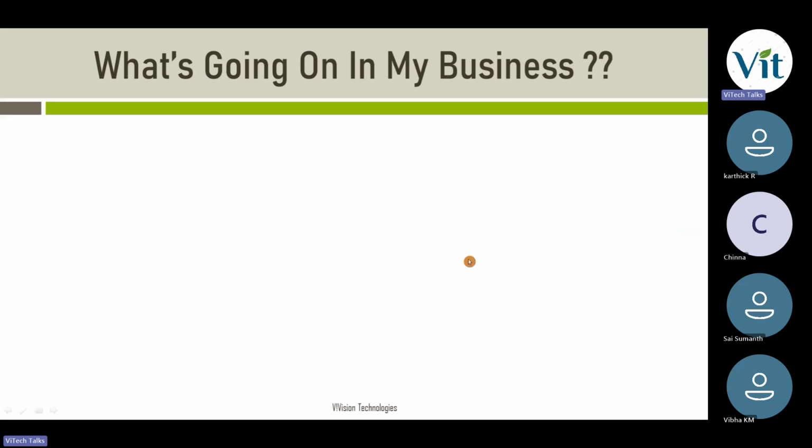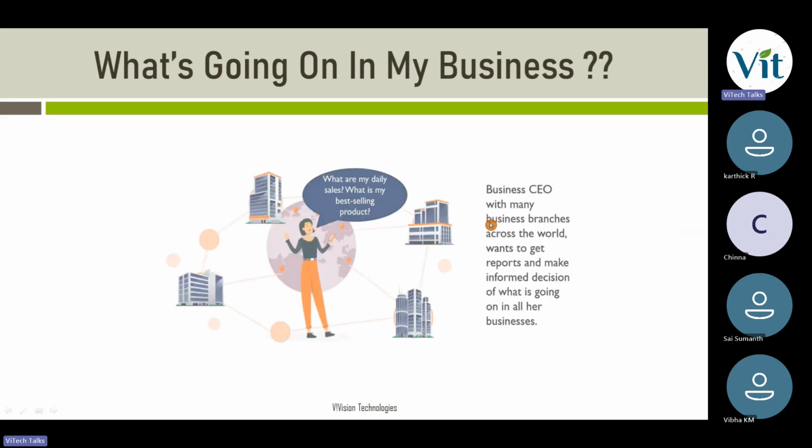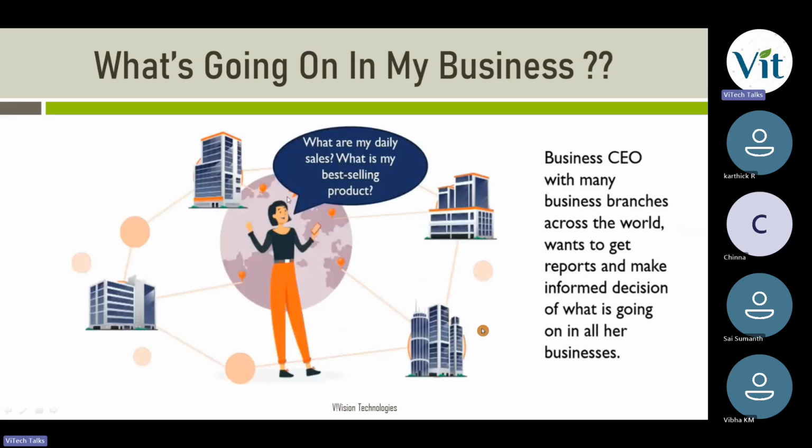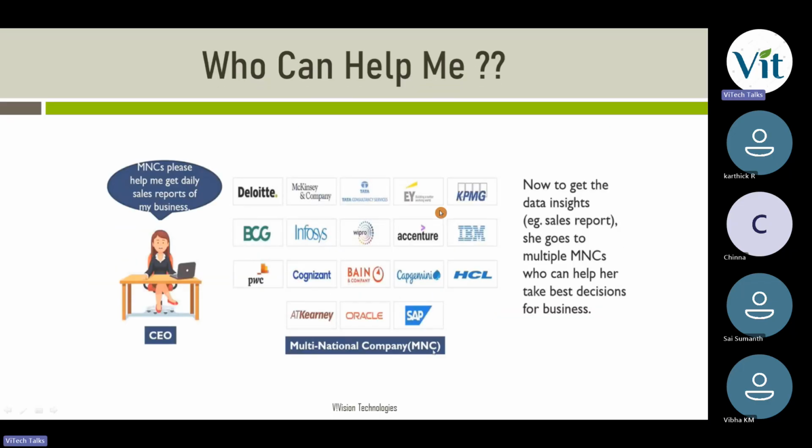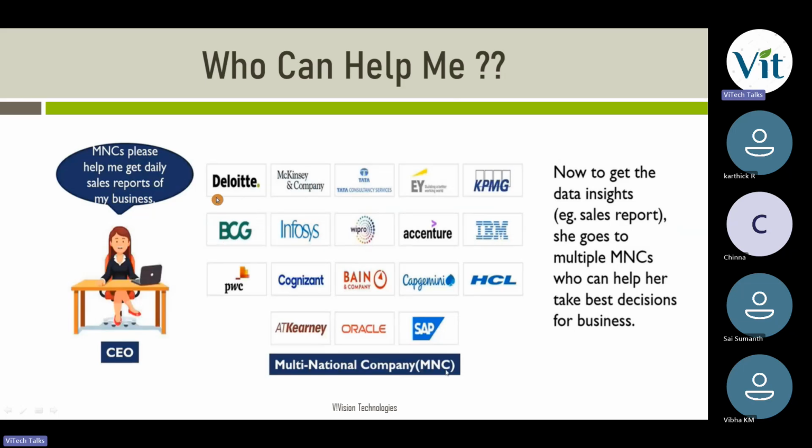In order to get this resolved, what will business people do? They are going to arrange a meeting with all the MNCs, not only MNCs, the companies you can say, even Deloitte, TCS, EY, Infosys, Wipro, Accenture.